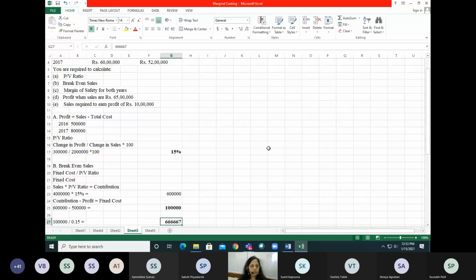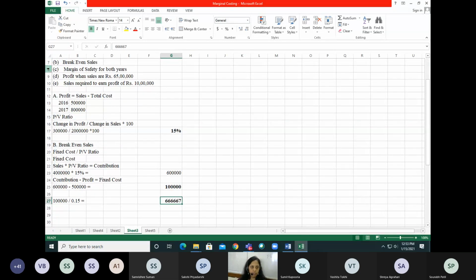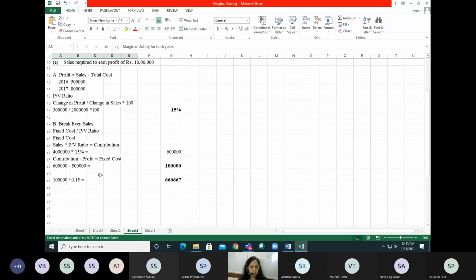Now next is margin of safety for both years. Break-even sales will remain constant. So for 2016, first write the formula of margin of safety: actual sales minus break-even sales.